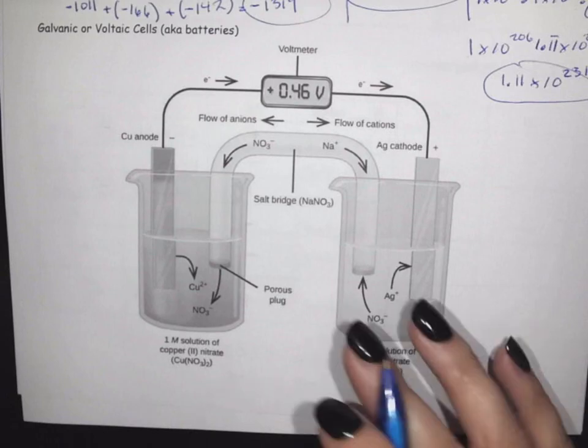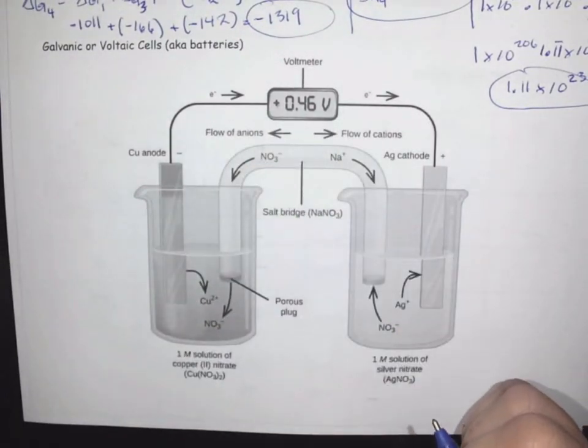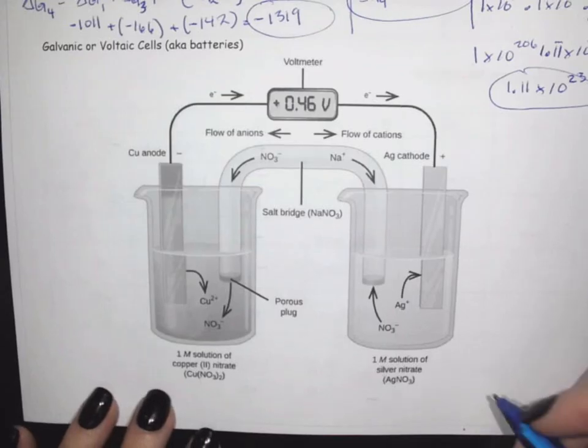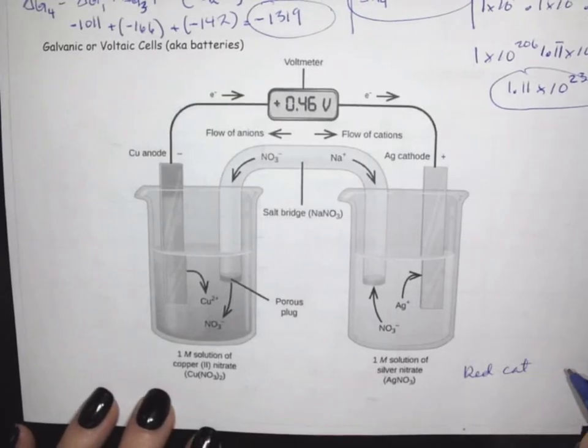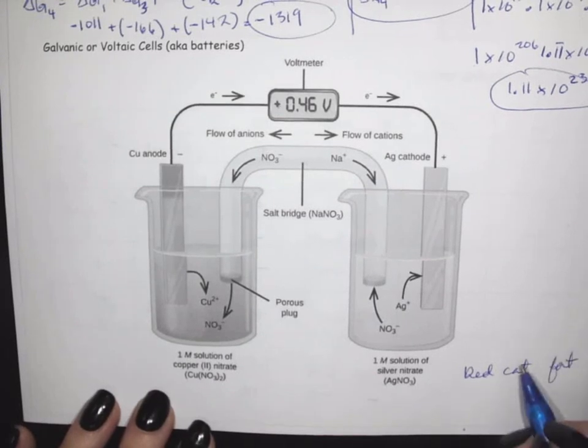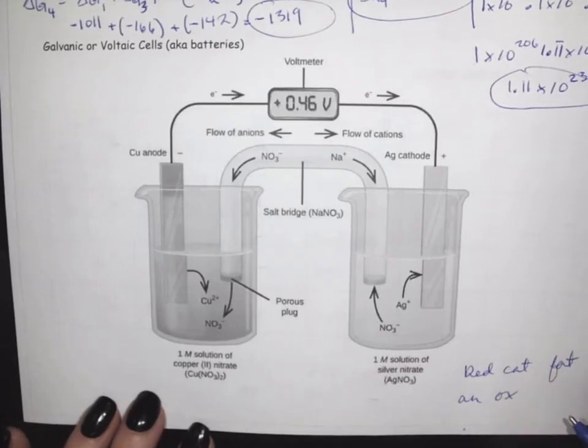Now, a couple of things to remember for this guy. Reminder, we have red cat, and also this is going to be our fat cat, right? Because this guy's going to get bigger. And ox, and it eats the ox, so the ox gets smaller.